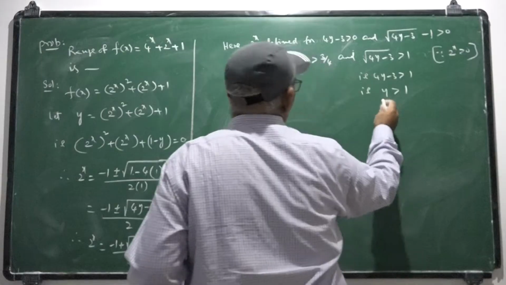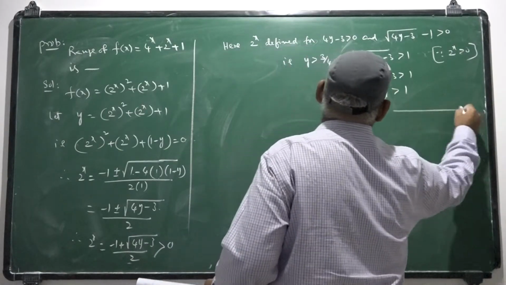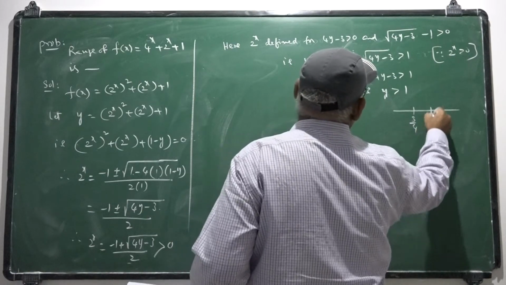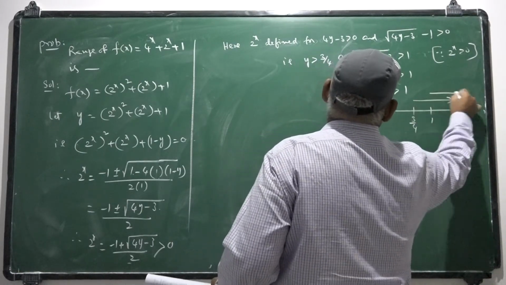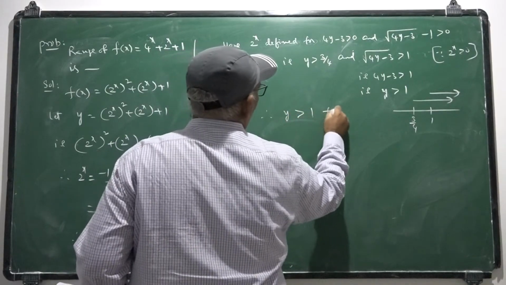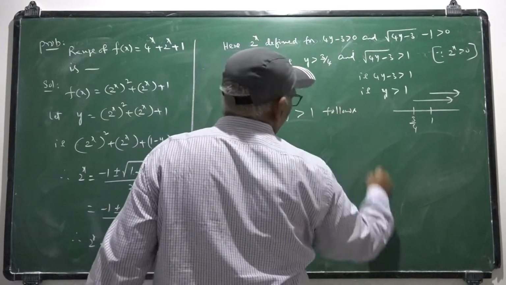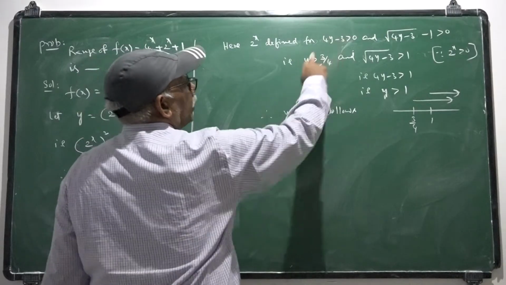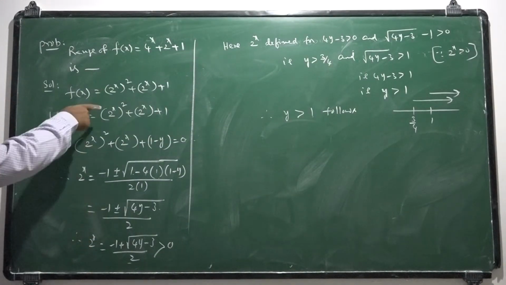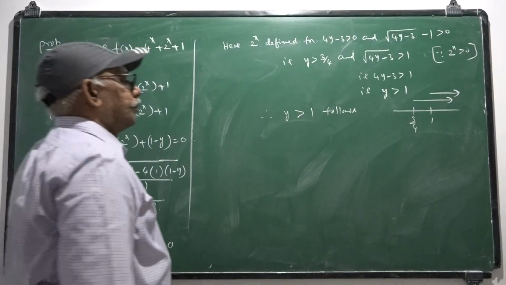From these two conditions, y is more than 3 by 4 and y is more than 1, means y is greater than 1 follows. For y more than 1, both inequalities follow. 2 power x is defined. Once 2 power x is defined, f is defined.